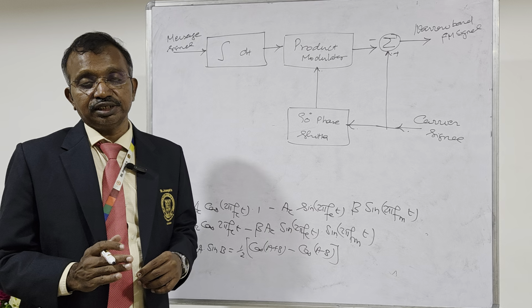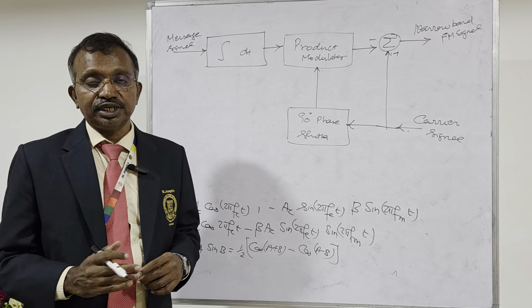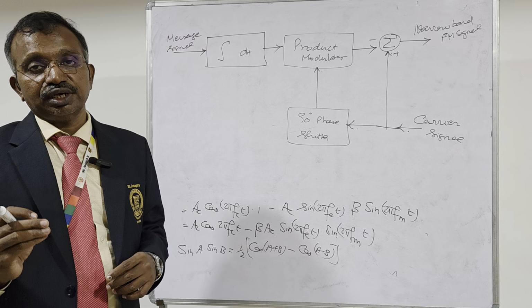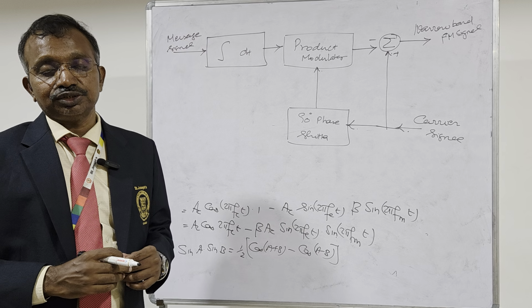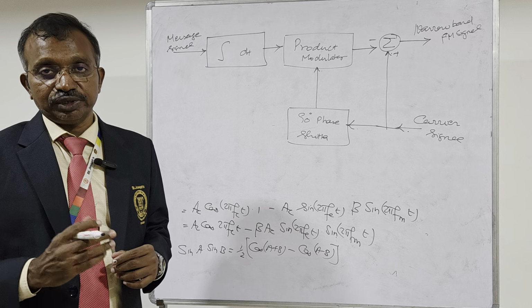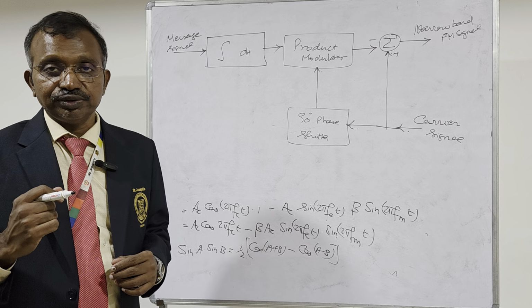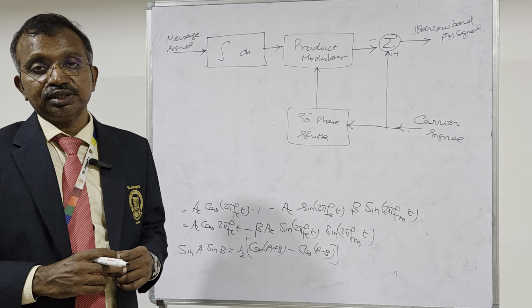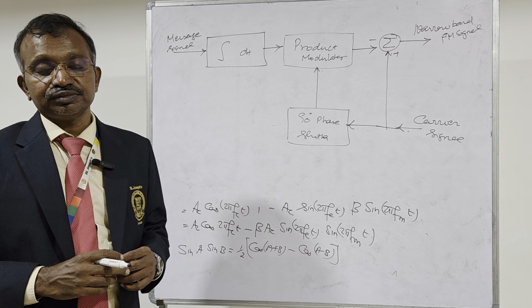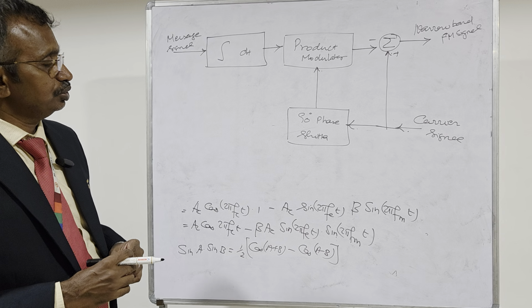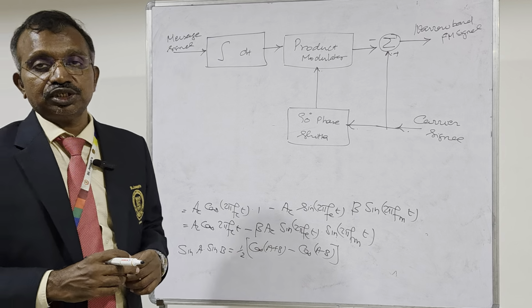The bandwidth of this narrowband FM signal is 2fm. The spectrum is also the same. The bandwidth requirement of narrowband FM signal is the same as that of the AM signal. Right. So with this, I would like to wind up this session on the narrowband FM signal.